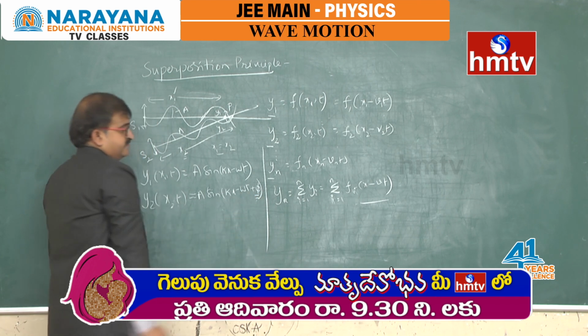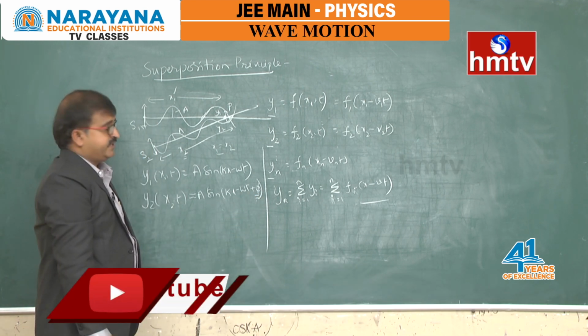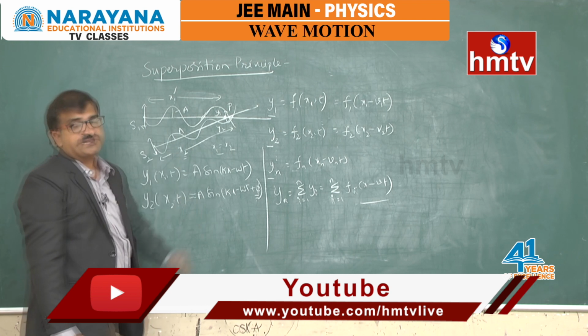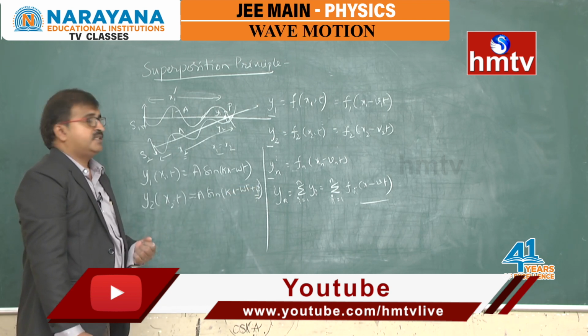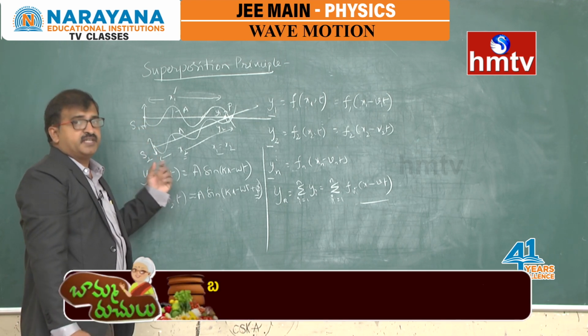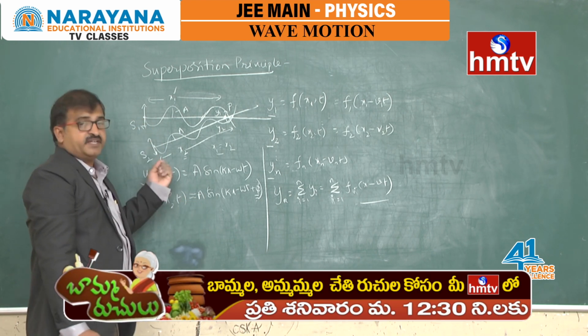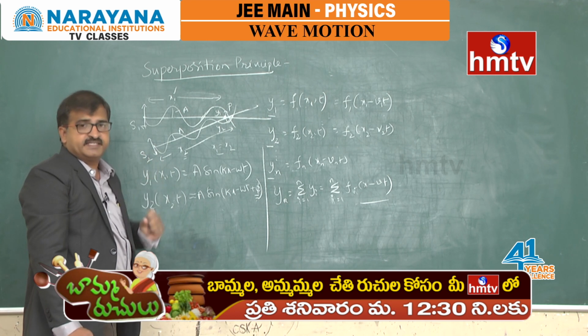What is the phi value introduced here between these two waves? Here phi is the phase difference between the two sources, the difference in the initial phases of S1 and S2, whatever small difference exists.